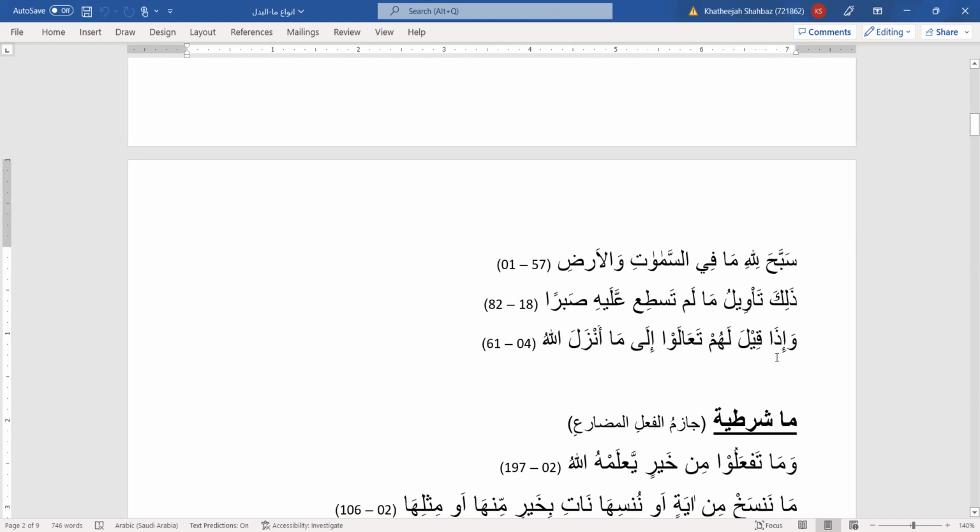And when it is said to them, lahum, ta'alaw, you all come, towards ma, what, anzala, he sent down, Allah.